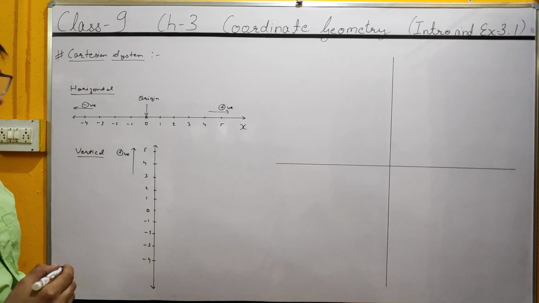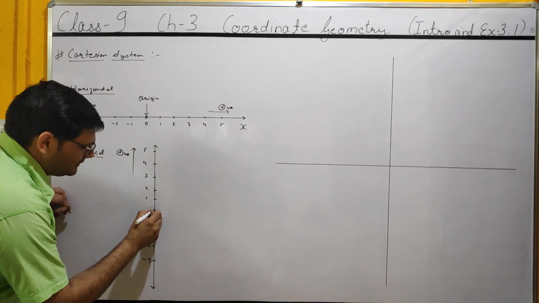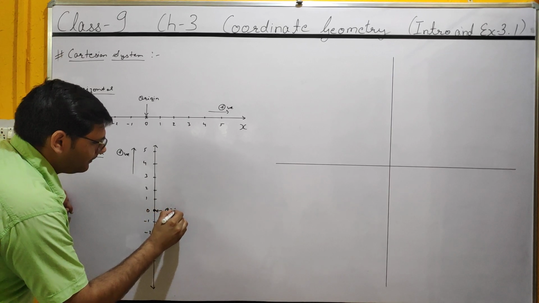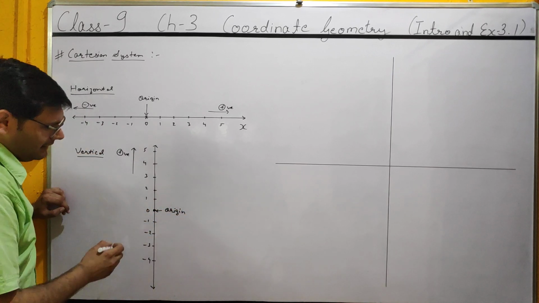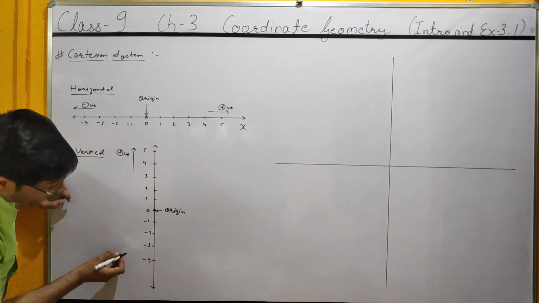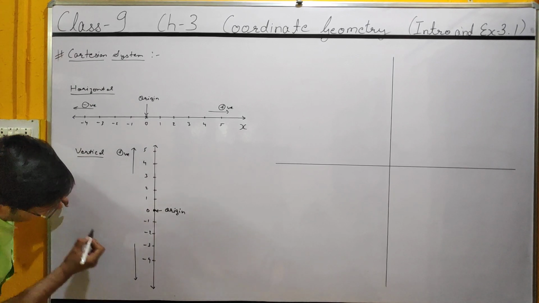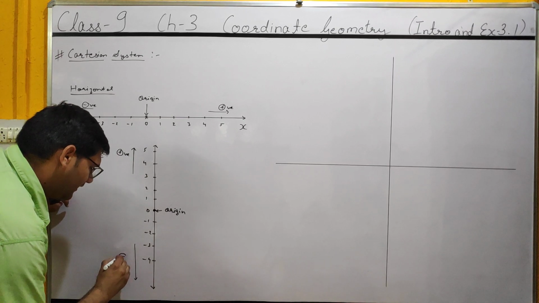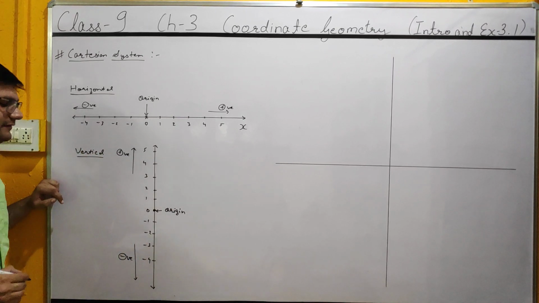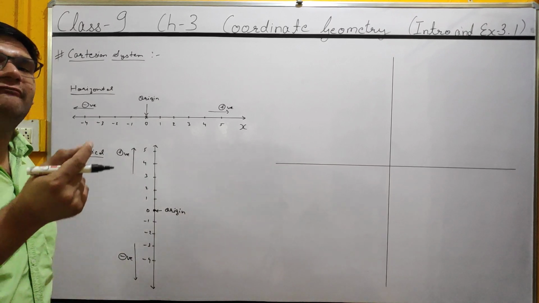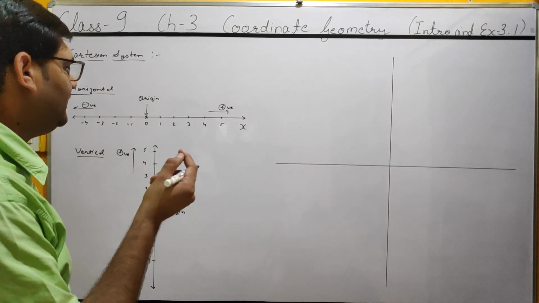And this is again 0, origin. And if we go downwards, then the numbers will be negative. Alright. And moreover, there is only one unit distance between them.